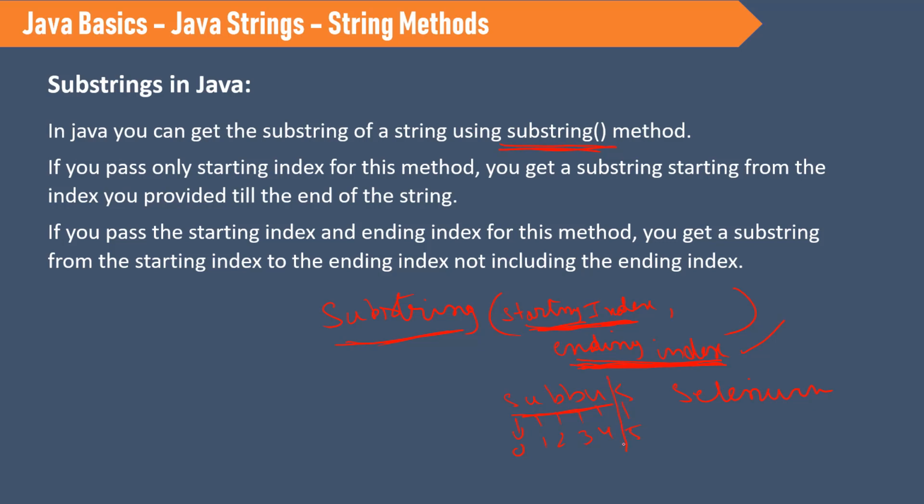I would like to get it until this point, but I have to give the ending index as 5 here because this won't be considered and it will come only up to this part. So the starting index and the ending index you should give as 0, 5, and the fifth index won't be considered and it will get it until 4.